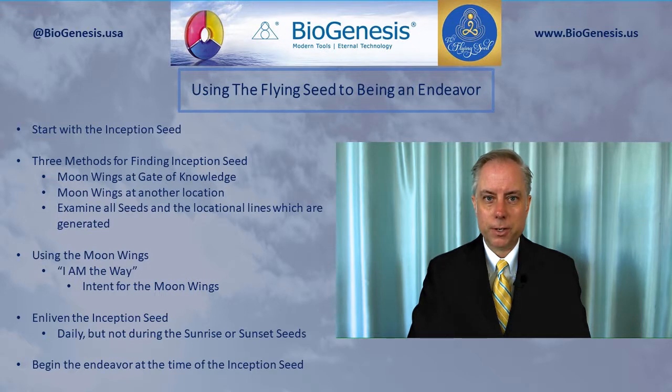If you're going to do a corporation, it's filing the articles of incorporation with the Secretary of State's office for your state. If it's going to be an LLC or a partnership or membership, you can file those relevant documents with your state, the Secretary of State's office as well. You begin the official life of your business during that window of time of the inception seed.